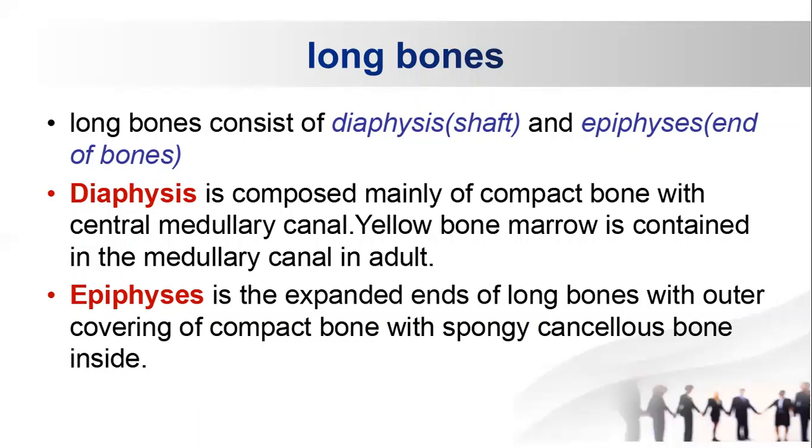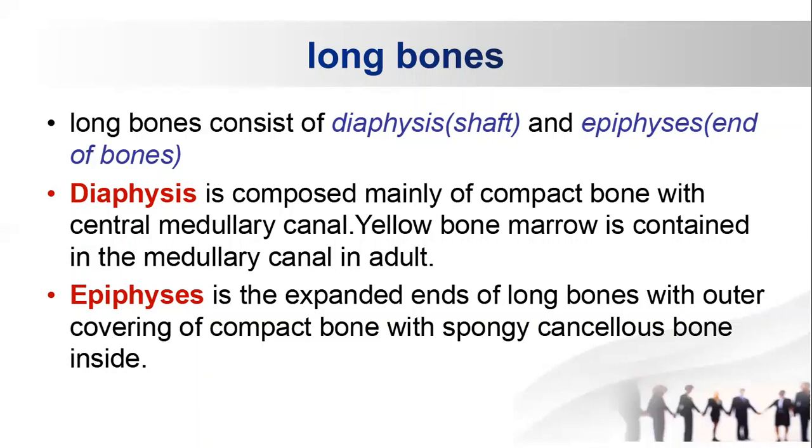Initially we had some identification of long bones, which includes the femur, humerus, the tibia and fibula, and we also had the bone of the clavicle and others. Long bones have diaphysis, which is composed mainly of compact bone with a central medullary canal. This central medullary canal contains the yellow bone marrow in adults, but in children, you may find some red bone marrow.